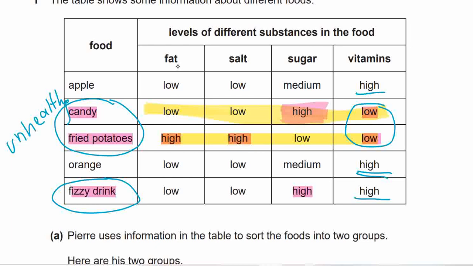While apple and orange have low fat, low salt, medium sugar, and high vitamins. So it's good. These two we group as healthy food. Let's fill the table below.